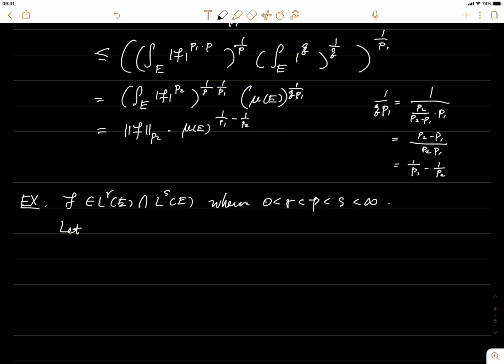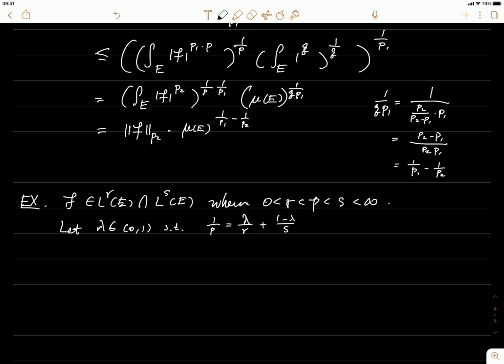To show that, let lambda be between 0 and 1 such that 1 over p is equal to lambda over r plus (1 minus lambda) over s. And you know this is true because if p is between r and s, then 1 over p is between 1 over r and 1 over s.